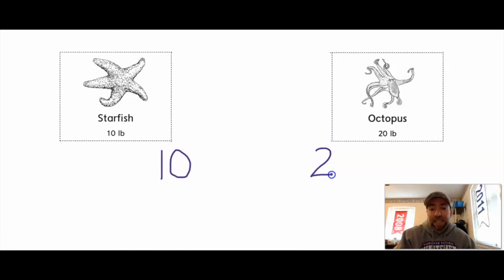I left a space in the middle. Which number is greater? What's the bigger number? Well, we know, and our math sense tells us that 20 is greater than 10. So, we have to make our symbol. I put 2 dots where my bigger number is, 1 dot where the smaller number is, and then I can make that mouth.